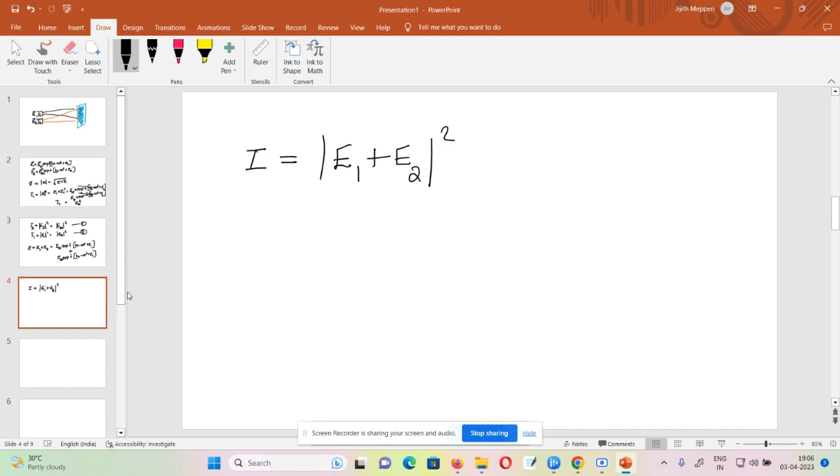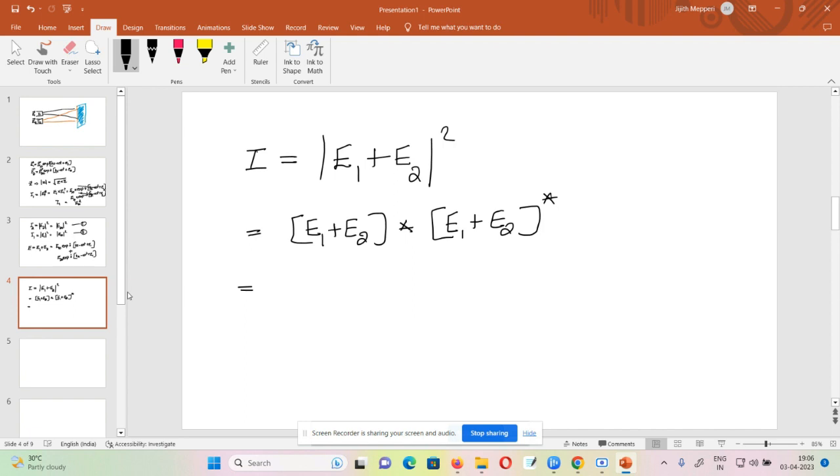So what will be E1 plus E2 whole square? This will be E1 plus E2 into E1 plus E2 star. The star is the complex conjugate of E1 plus E2.